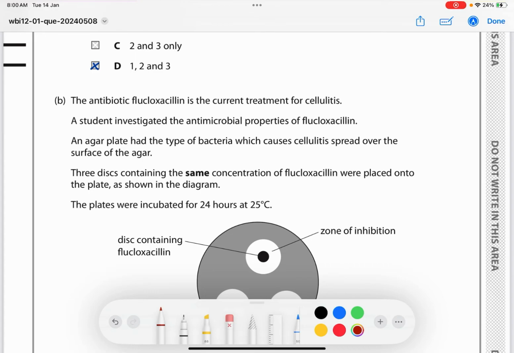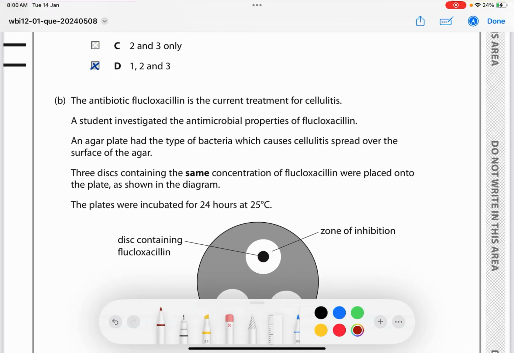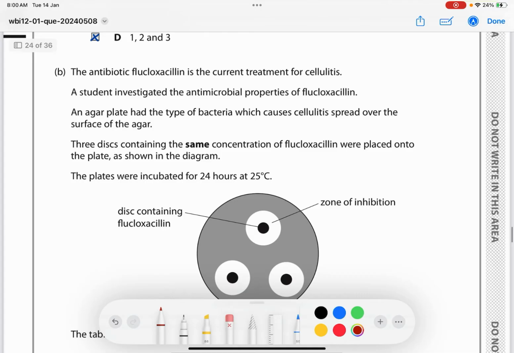So part B, the antibiotic flucloxacillin is the current treatment for cellulitis. So a student investigated the antimicrobial properties of the antibiotic.